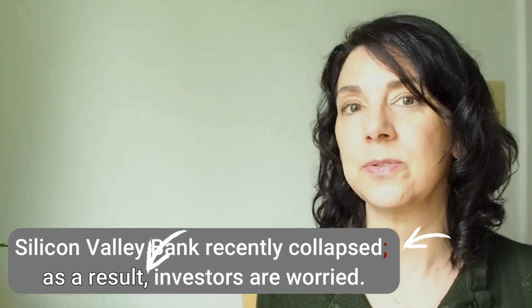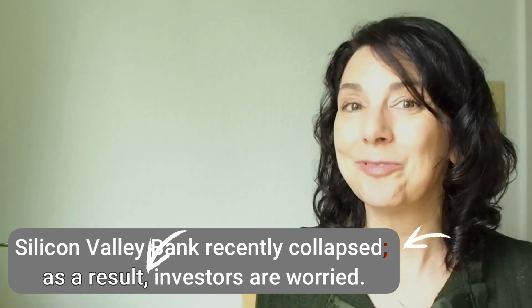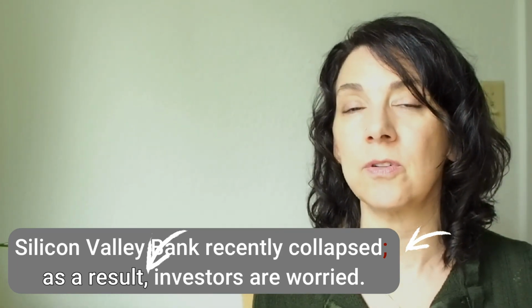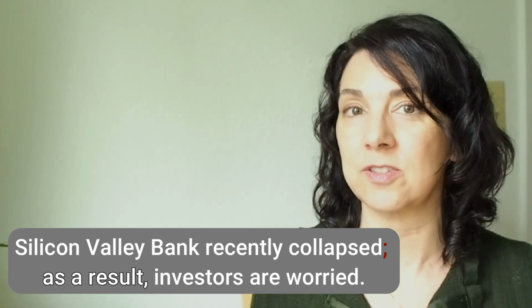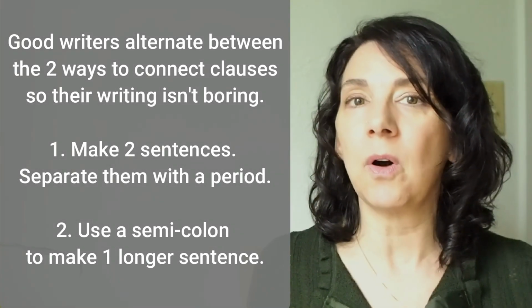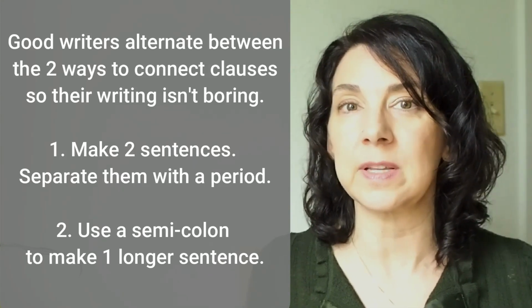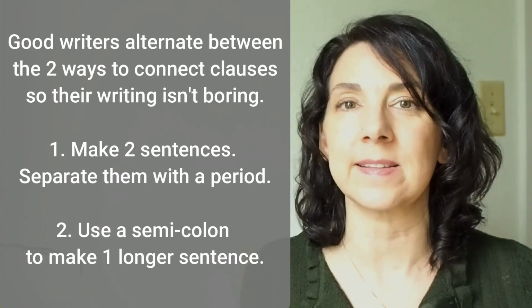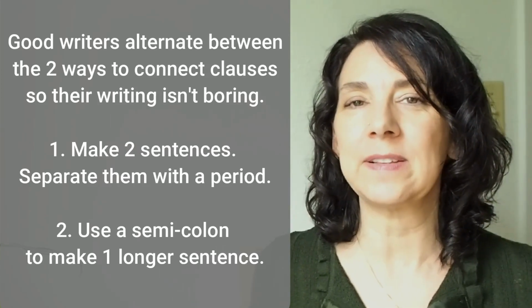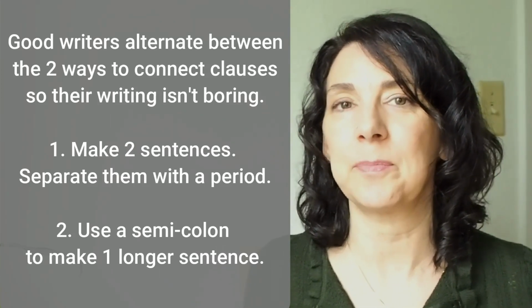But be sure that you use the punctuation correctly. In fact, a lot of native speakers don't know how to punctuate this type of sentence correctly, but you can learn the rule and impress people by doing it correctly. Good writers will often alternate between these different ways of using punctuation so that their writing doesn't get boring. All of these transitions use the same type of punctuation.